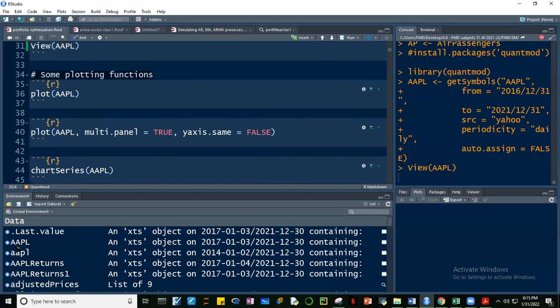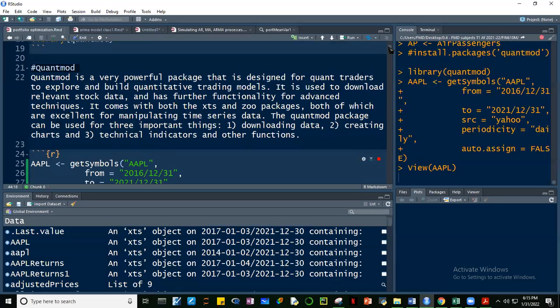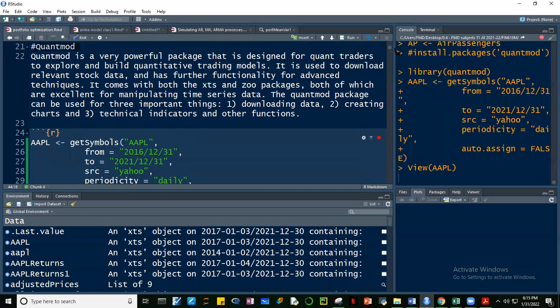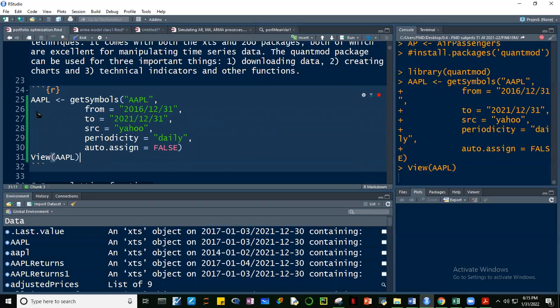You can see here that the object is now here, Apple. So I'll just plot this. Plot, still running. Bagal siguro yung internet ko ngayon. Usually guys, ang bilis niyan eh. You can see the green line here. It means that it's still running.